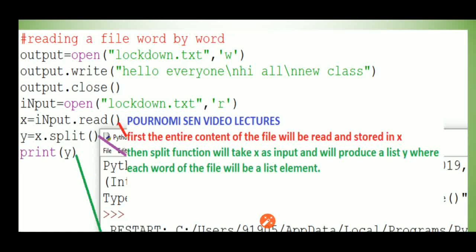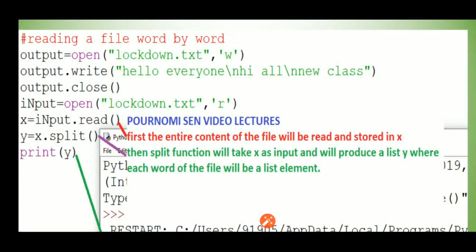Follow the read line. First, the entire content of the file will be read and stored in x. That means x is a string. As a string in x, the entire content of the file will be stored. Then a new variable we have taken, y equals to x dot split. Now split is taking x as input.